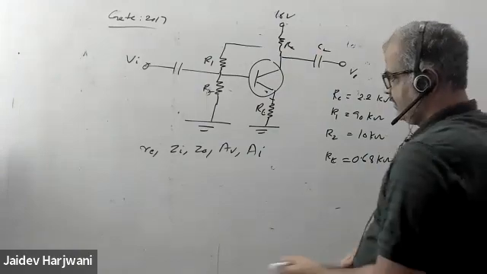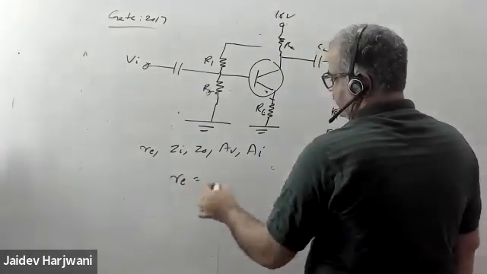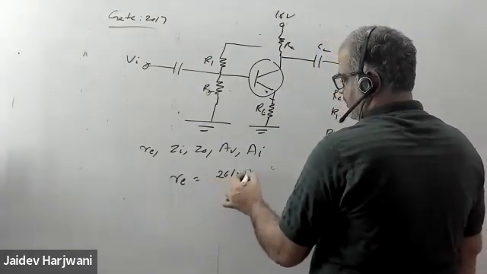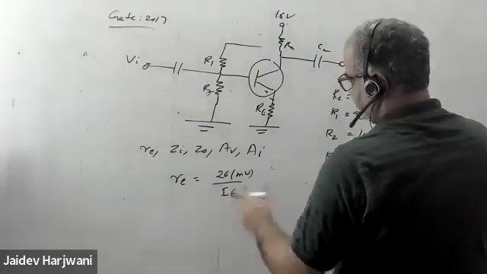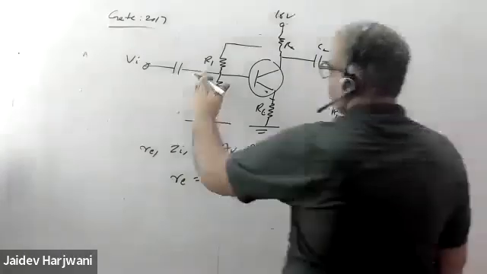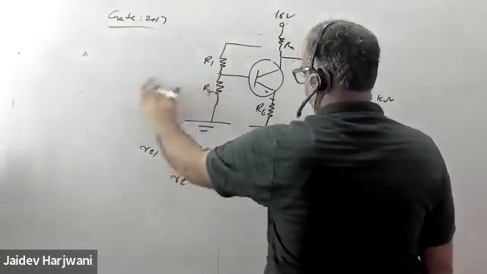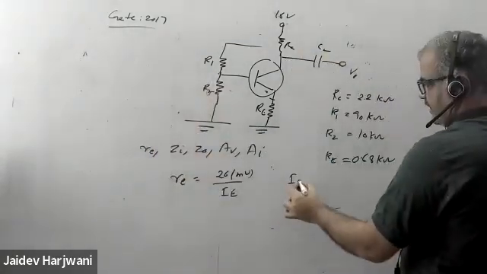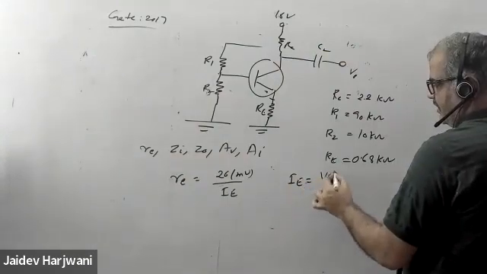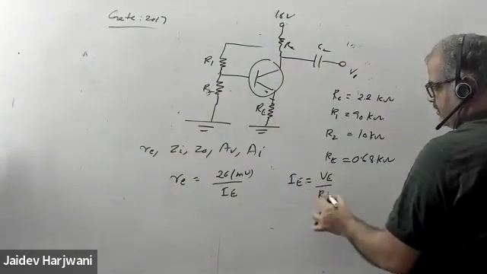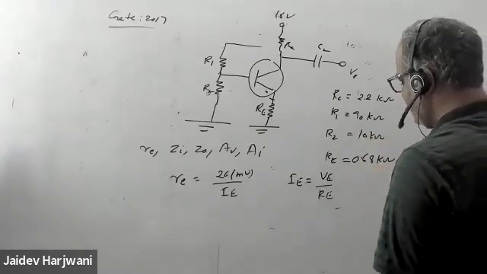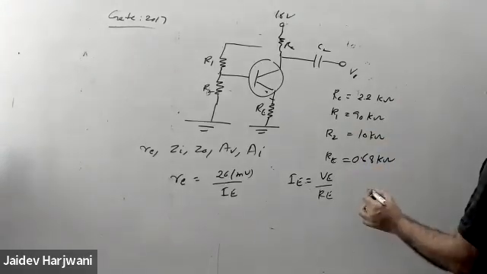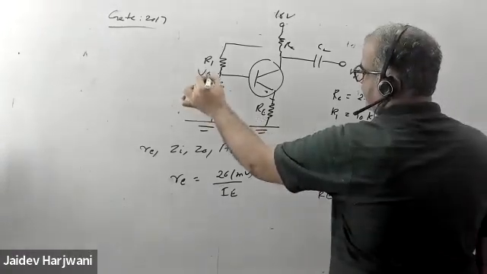So re is nothing but 26 millivolt upon IE. In this particular question, if I do it with approximation, IE is just VE upon RE, where RE is given in the question. And you can find VB here.